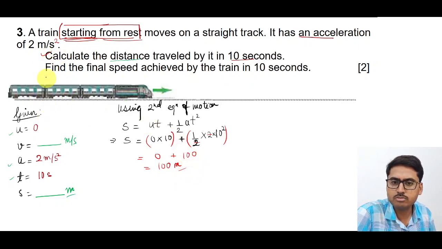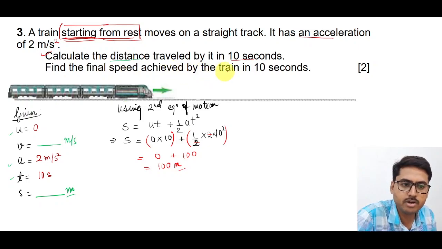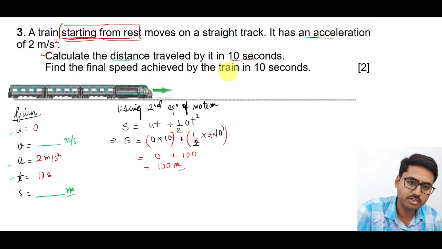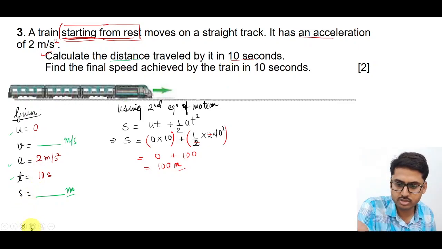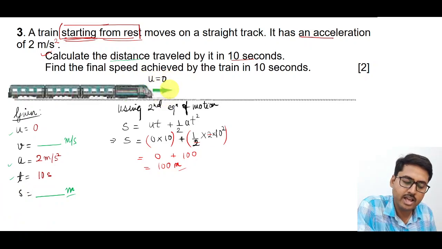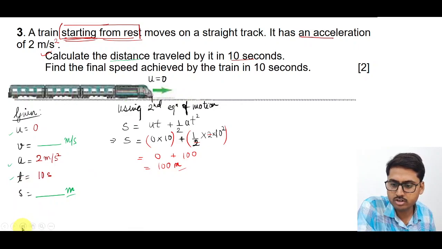Now the second question is to find the final speed achieved by the train in 10 seconds. So usually what happened over here, the train started from speed 0. I did not put that in the diagram, so I am writing again. So initial speed u was 0, right, and the train started moving, and it moved for 100 meters. So it must have moved 100 meters from here and attained a certain speed.